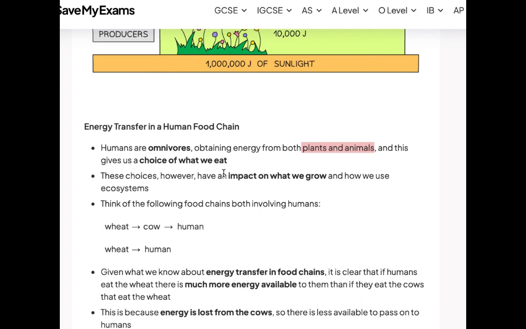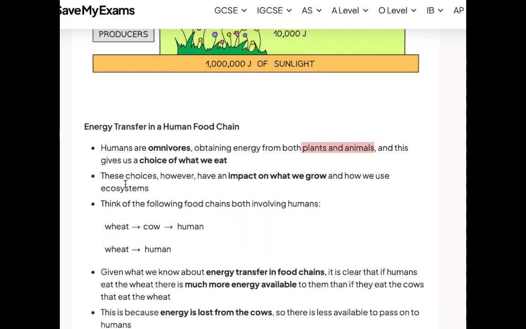We can eat plant food like beans, rice, potato, which are plants. We can eat fruit, apple, mango, whatever, which are plants. We can eat animal food, chicken, turkey, whatever, which are animals. So we have both choices.